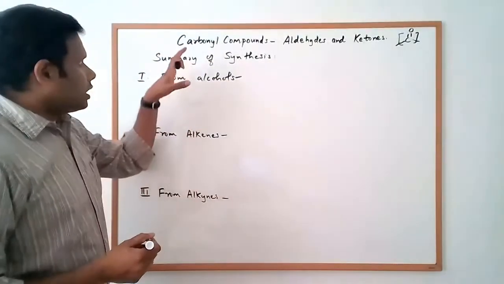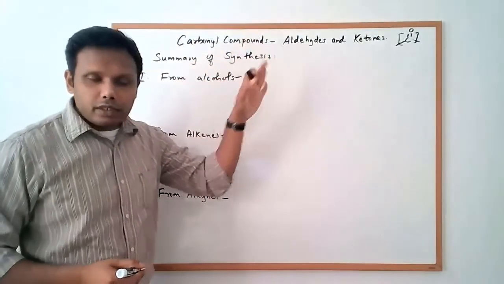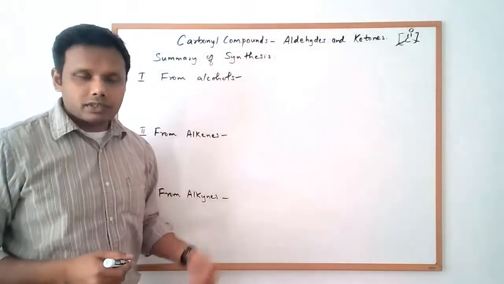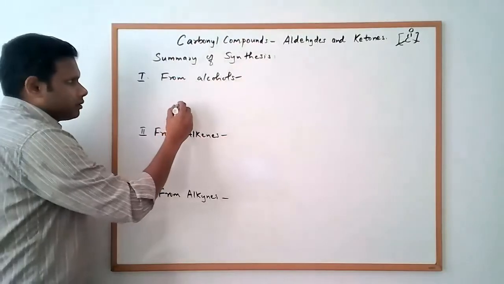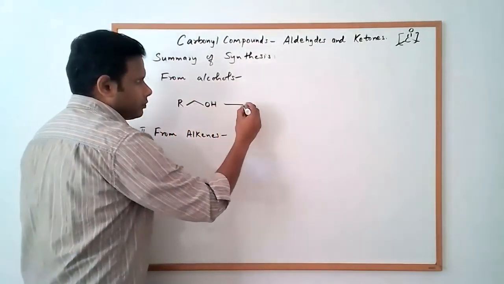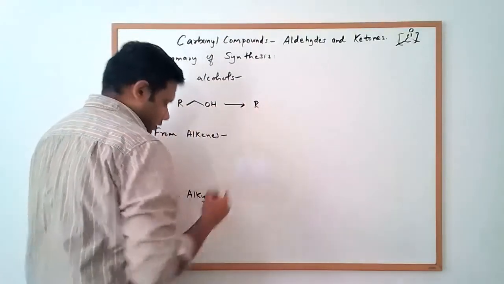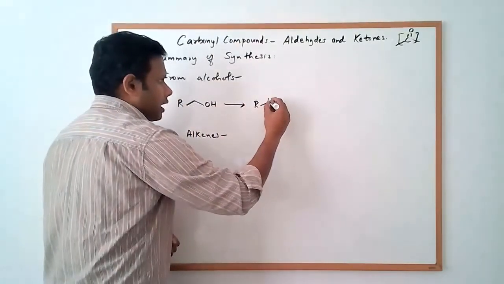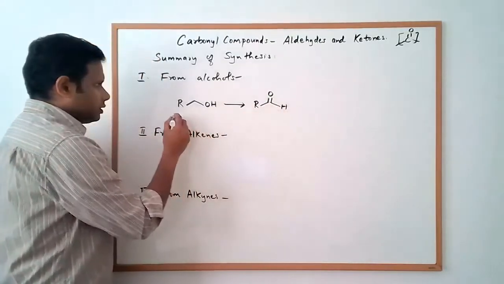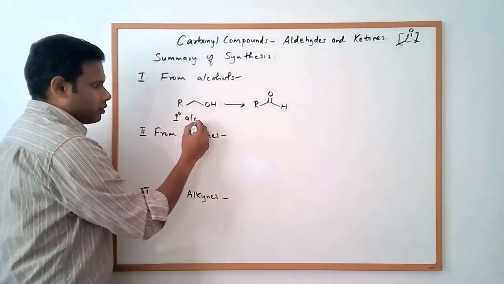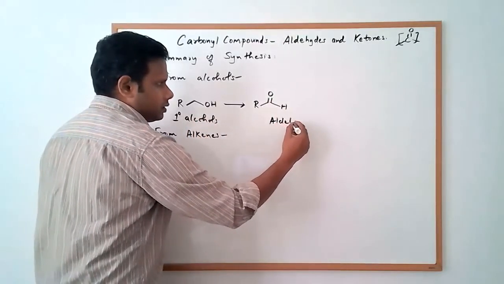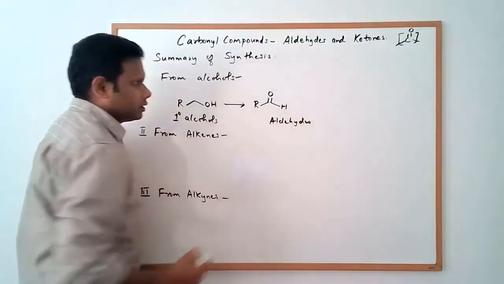Okay, so aldehydes and ketones, or carbonyl compounds in general, they can be synthesized from alcohols. That's one way of synthesizing these. So for example, primary alcohols can be oxidized into aldehydes.